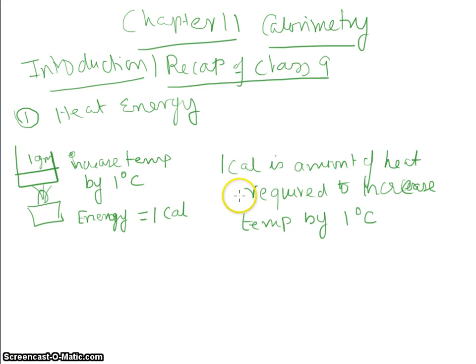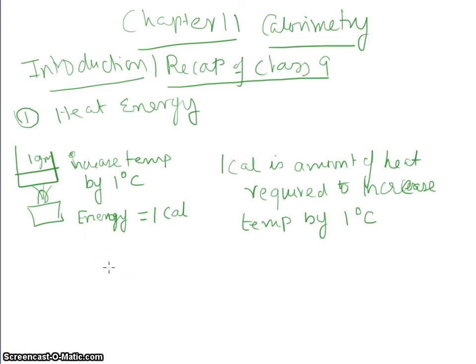Now this definition is not entirely accurate, because as you increase the temperature of water from, let's say, 50 to 51 degrees, the amount of heat may be slightly different from when you increase it from 10 to 11 degrees, because of thermal expansion, what we learned last year.